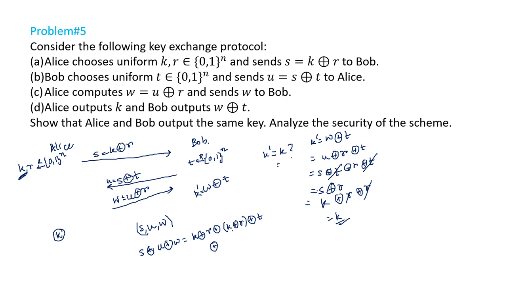W is U XOR R. And U is this whole thing, K XOR R XOR T, and then XOR R. So these two R's get cancelled out, and T is cancelled out. We are left with only the single key K. So K is clearly retrievable from this transcript. So we can say that this particular key exchange protocol is not a secure one. Is this clear?